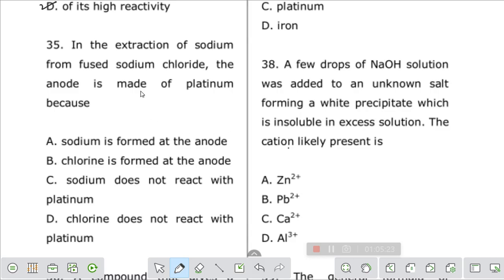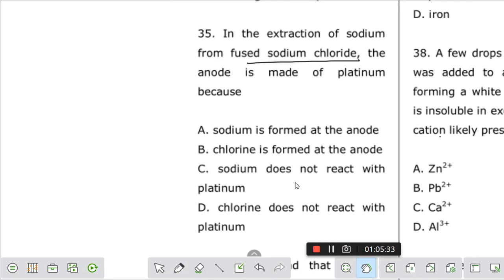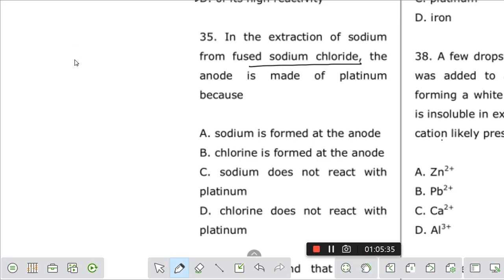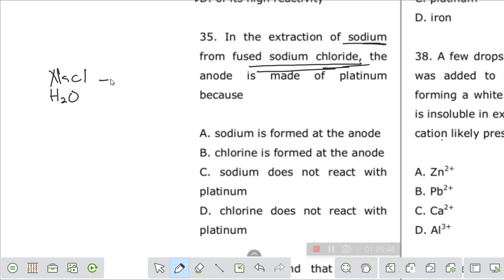They said in the extraction of sodium from fused sodium chloride, the anode is made up of platinum. If you want to extract sodium using the fused sodium chloride, this is what is going to be happening.